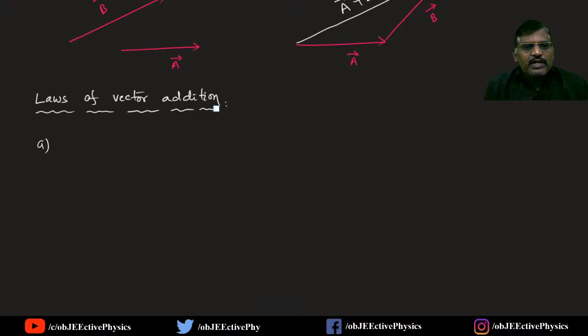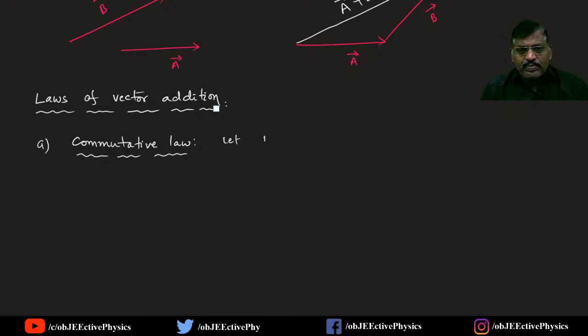In that, the first one is that vector addition is commutative: the commutative law or commutative property. You may have already heard these words in your lower classes. Commutative law.